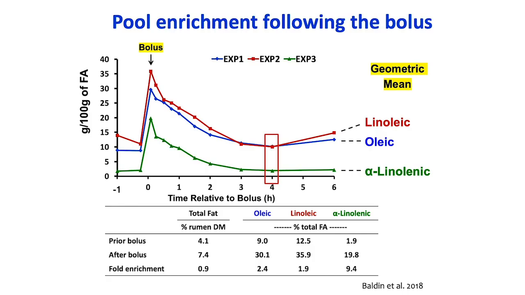We've done these experiments with oilseeds enriched with different unsaturated fatty acids. Here's our 18:3. That's a low pool, so it's easier to enrich. Oleic acid and linoleic acid are a little more difficult because we have higher concentrations in the rumen. But we can still get enrichments over twofold, so we can get a pretty good quantification of the loss rate in the rumen.